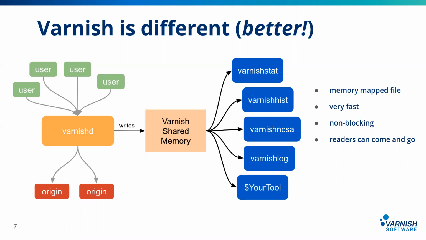But the important thing here is that they are going to read without blocking the critical path. And you can have as many readers as you want. They can come and go. You can start multiple NCSA logs, for example, with different configurations. And basically Varnish, the main process, doesn't need to know anything about them.